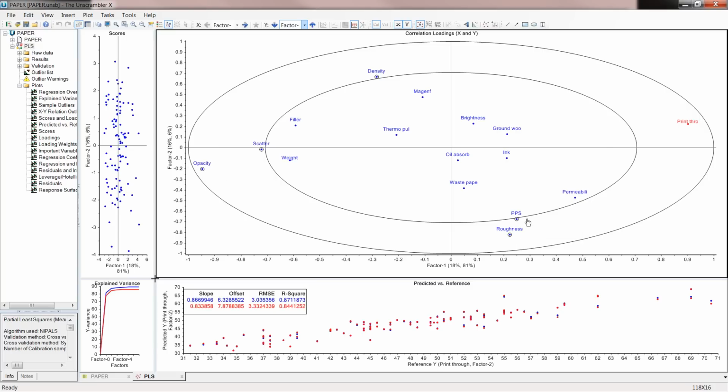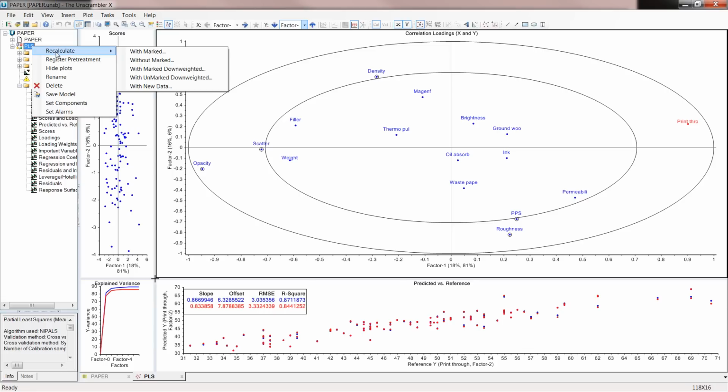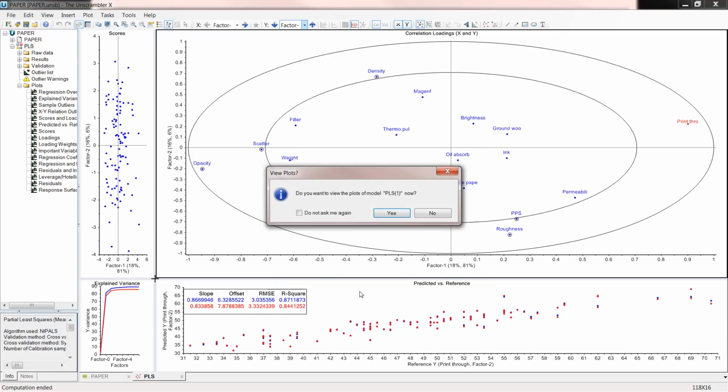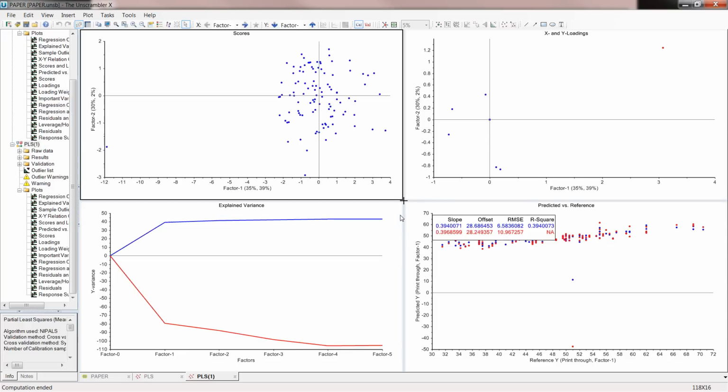So we'll include that. And that tells you those are the ones that you want to keep in. And you right-click and you can recalculate with your unmarked down-weighted. That way the variables that you left out are multiplied by a very tiny number, so they're still in your model.